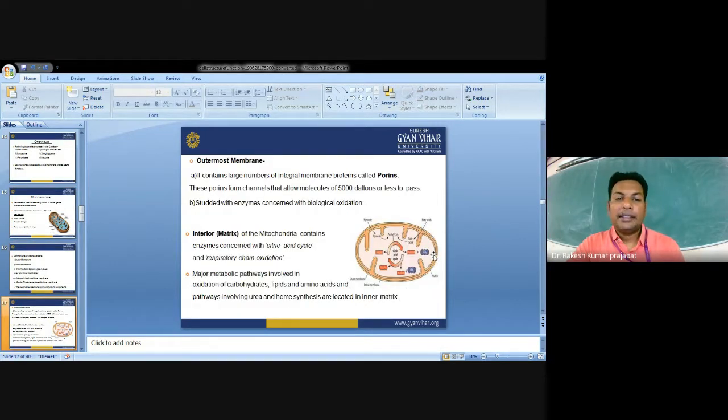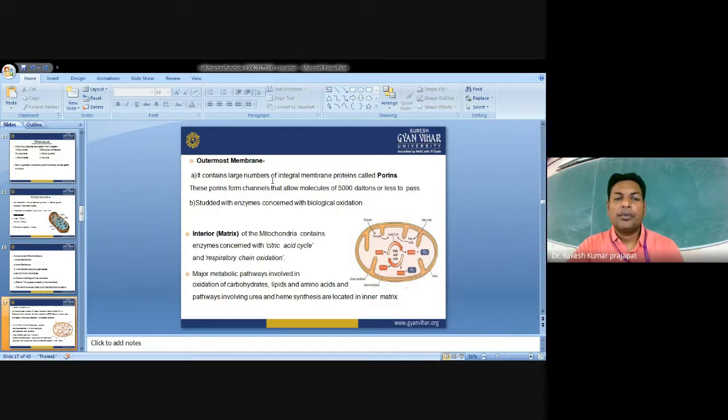Now, in detail, we will see the outermost layer, or outer membrane, which contains a large number of integral membrane proteins called porins. Porin proteins are present on the outer membrane. These porin proteins form channels that allow molecules of up to 5,000 daltons molecular weight or less to get past.